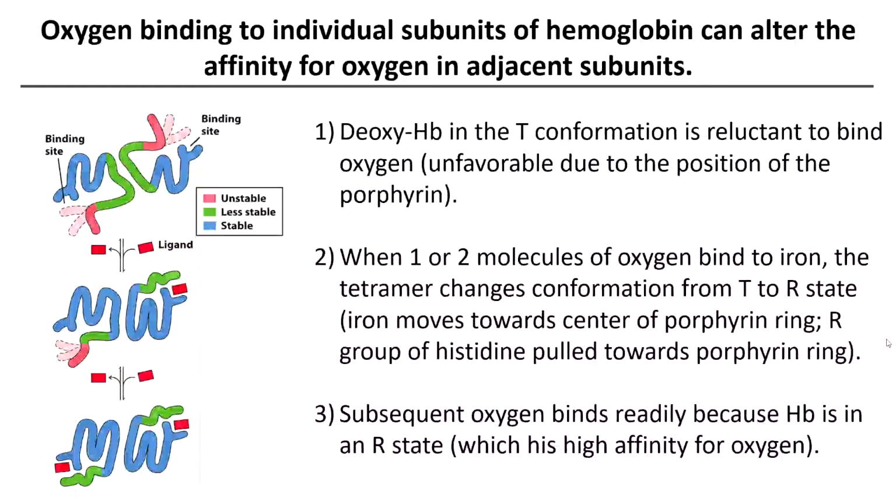So anyway, let's make sure we understand this. Again, oxygen binding to individual subunits of hemoglobin alters the affinity for oxygen in adjacent subunits. When oxygen is not bound to anything, those heme groups are buried in the center of the monomer of the subunit.